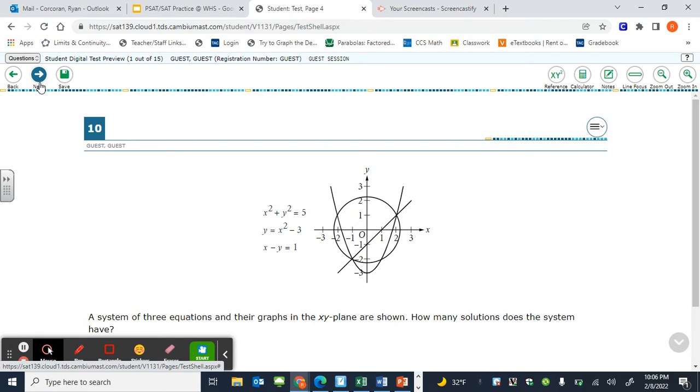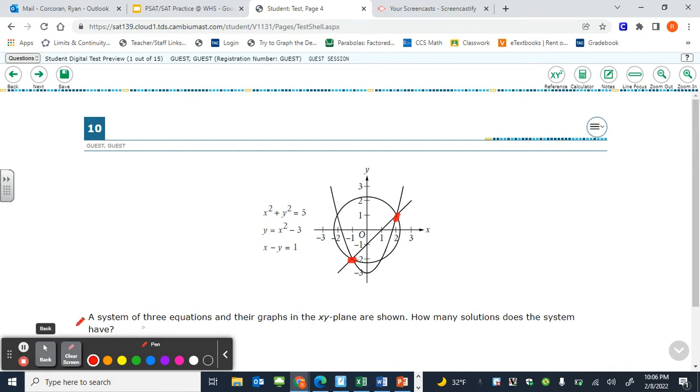For this next one, we're looking at a system of 3 equations and their graphs in the xy plane are shown. How many solutions does the system have? So you could use a similar idea talking with your students, how we need to have an intersection with all 3 of these equations. So one solution here and one solution here. You're not going to have this writing feature that I have right here.